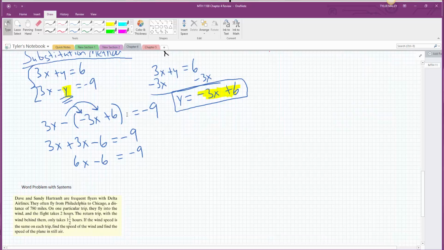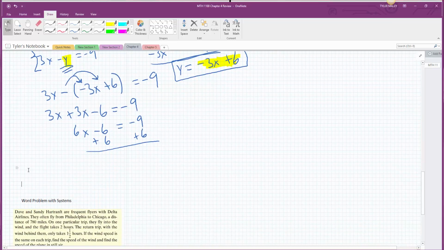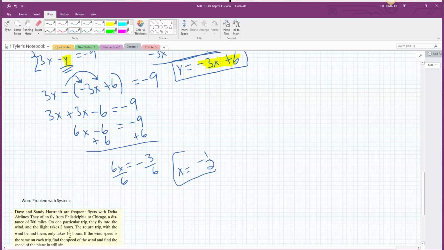So then I can add 6 to both sides, and that gives me 6x equals -3. So I can divide both sides by 6, and I get x equals -1/2, yet again. So then to find the other solution, I can just use this.